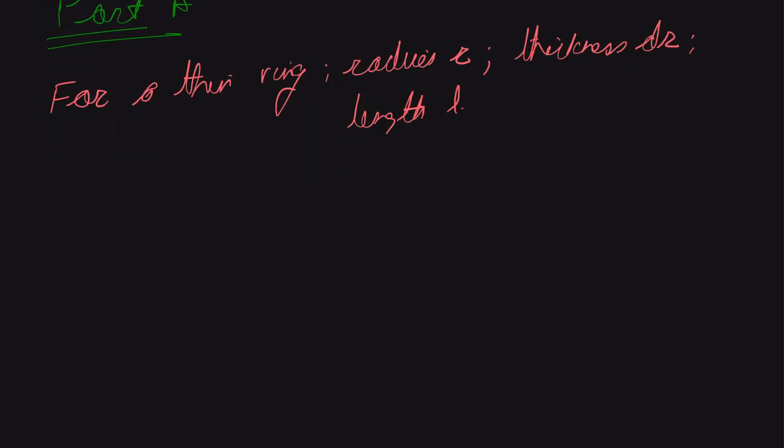Therefore, we can write its charge. So we can say our charge because of this ring, our dq, will be equal to the charge density times the volume, which from thickness, radius and length we can write as 2 pi r dr times L. And now it is given that it is having an angular speed of omega.